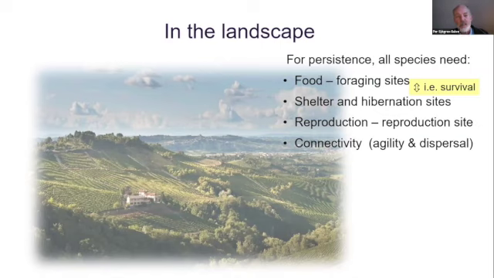And the other aspect of this is, of course, also the connectivity in the landscape. So can the individuals of one species find all these three life-important things in the landscape? Or is connectivity so bad that they cannot go to where they need to reproduce, or they are hindered from finding food?